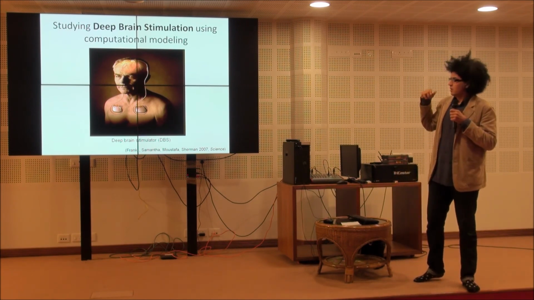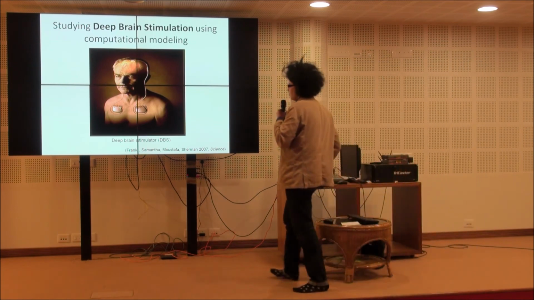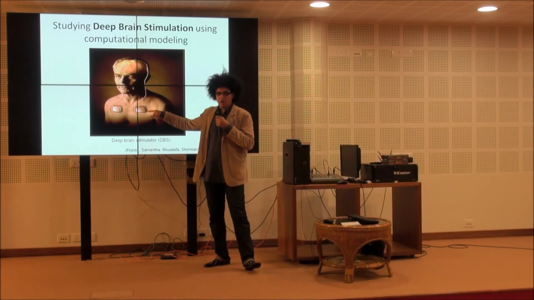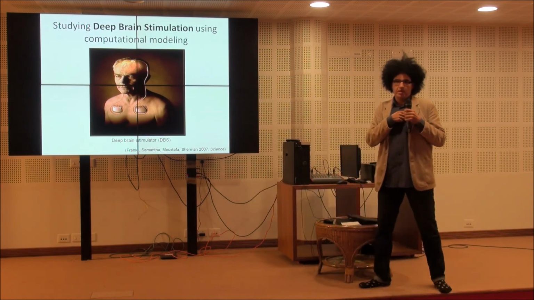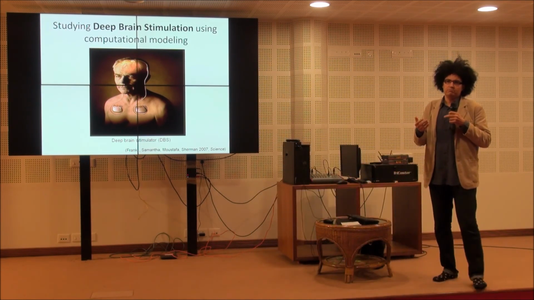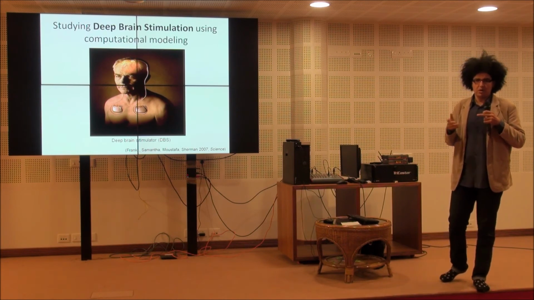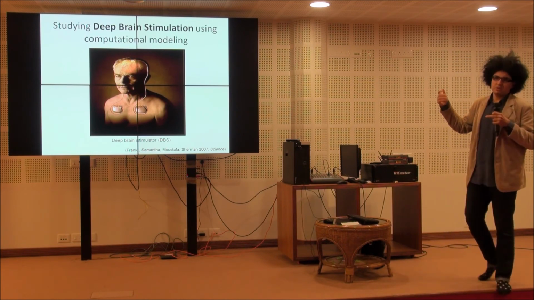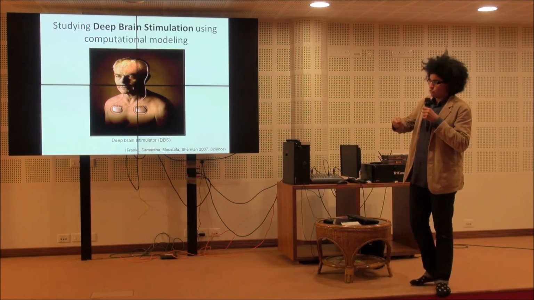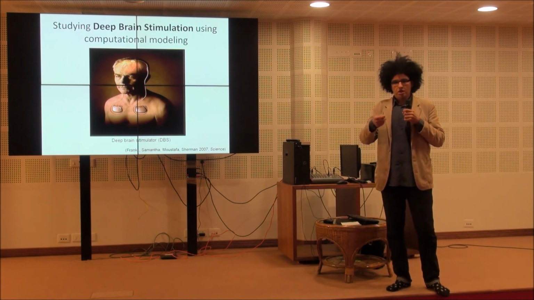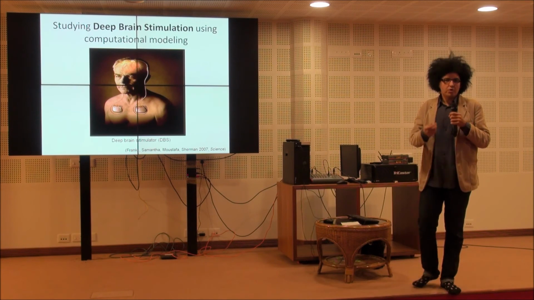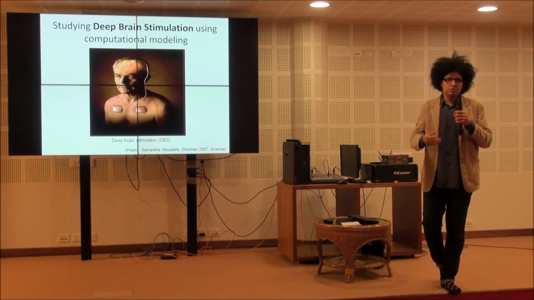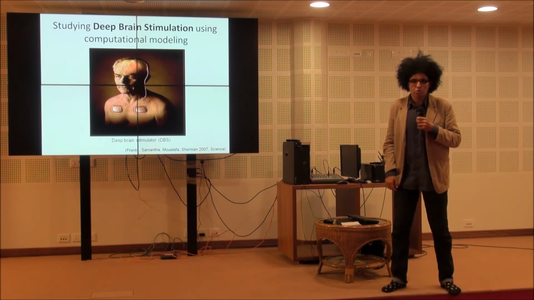What you see here is the battery, and you can program parameters like the pulse width and the frequency of the deep brain stimulation. That can also change based on the patient and over time. For every patient, you try a different frequency to see which works best to manage the tremor and so forth.